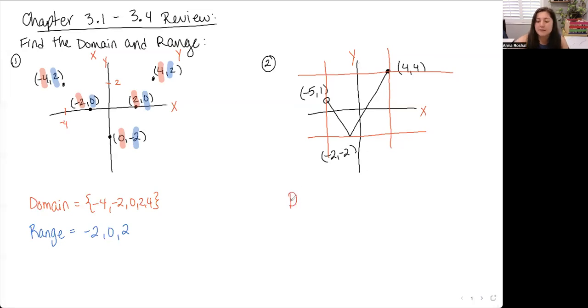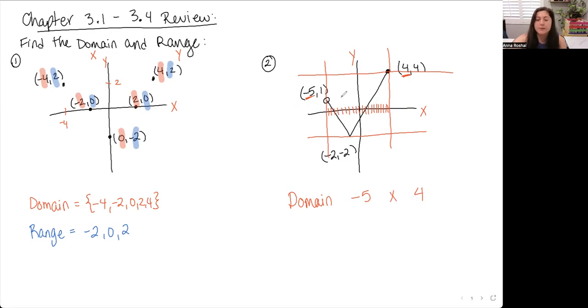Okay, so in here, my domain is between -5, right? Because again, my domain is all of my x values. It's between -5 and 4, and everything in between, meaning all of these values in between on my x value list, those are all part of my function. So I know that domain is x values.